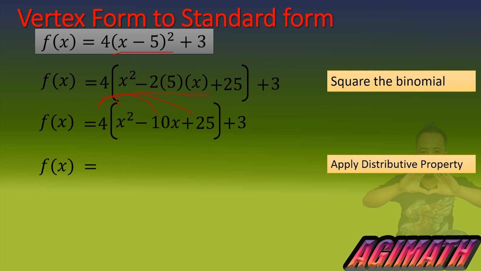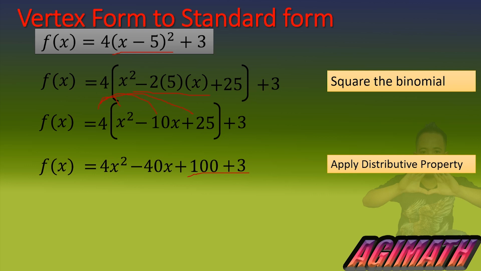So you are going to have f of x equals, what is 4 times x squared? Basically, that is 4x squared. 4 times negative 10x is negative 40x. 4 times 25 is 100, and plus 3. We are going to take away the parentheses because the 3 wanted to go together with 100.